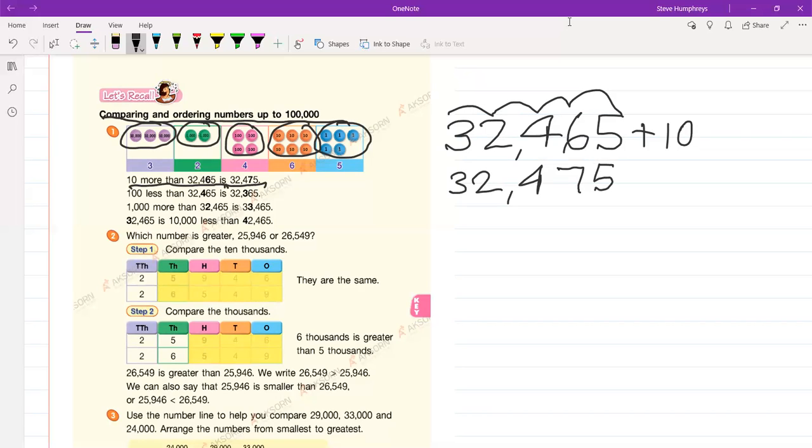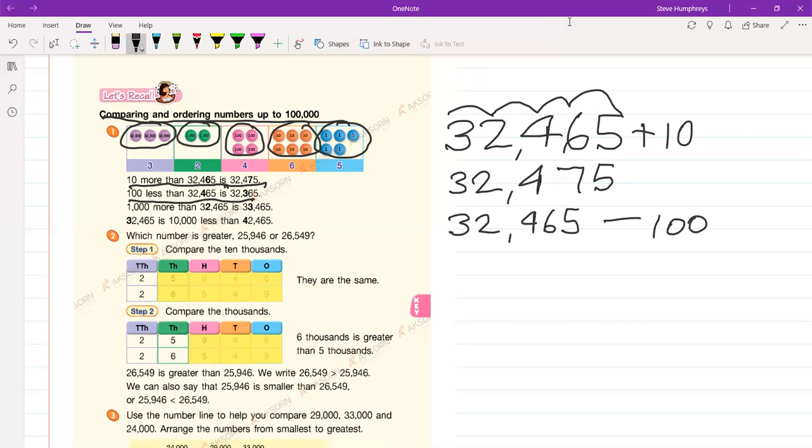The next one, 100 less than 32,465. Okay, there's our number. 100 less, so you're subtracting 100.